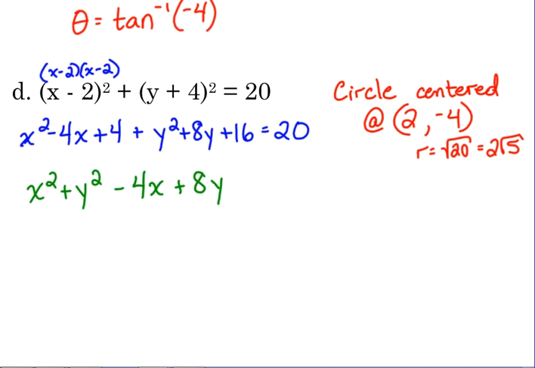We've got 4 plus 16. That's 20, is equal to 20. So really those 20s cancel, don't they? It's equal to 0.